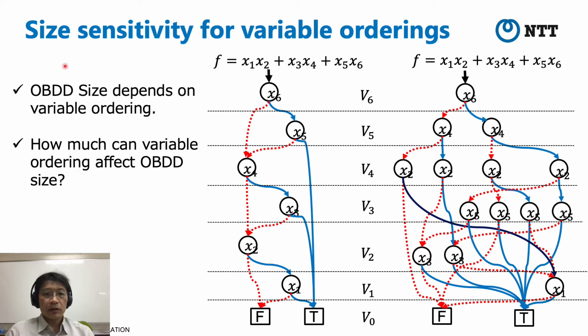However, there is a crucial issue when using OBDDs. That is, OBDD size depends on variable ordering. Here are two OBDDs representing the same function but with different variable orderings. As you can see, the sizes are very different. So we are interested in how much the variable ordering can affect OBDD size.